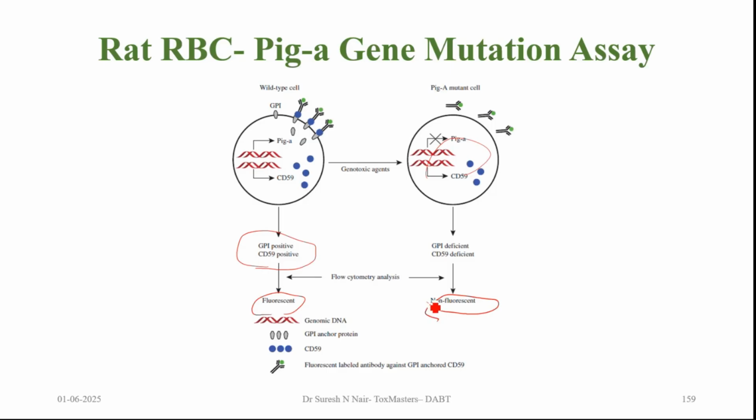This is the basic principle of the rat RBC Pig-a gene mutation assay. Don't confuse it, because it is a funny named gene, even though it is present in the rat RBC.